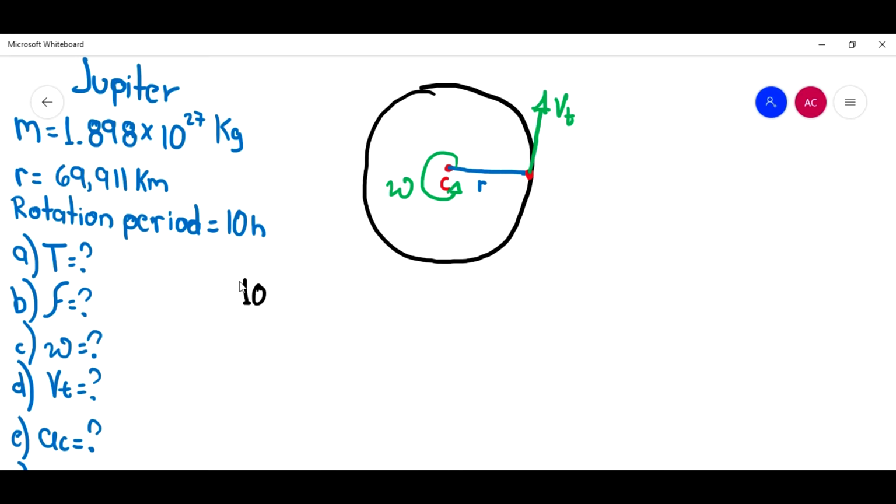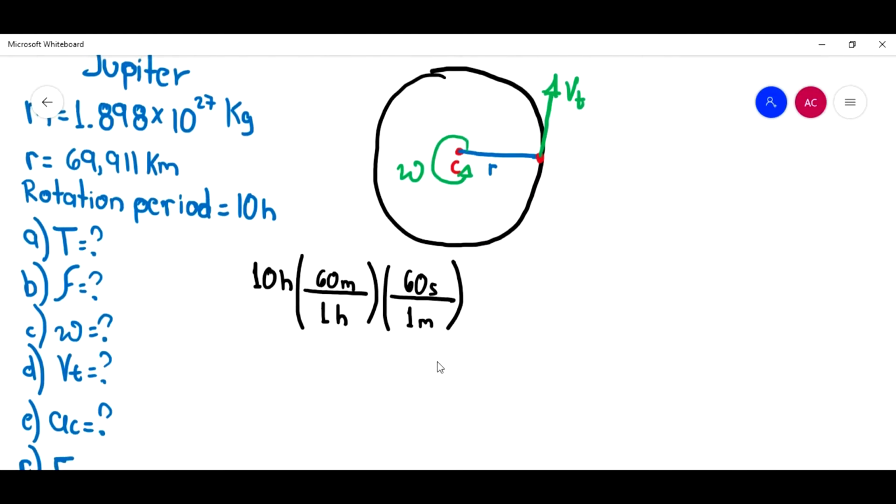So 10 hours, I'm going to transform into seconds. 1 hour is 60 minutes, and 1 minute is 60 seconds. This technique that I'm using is the conversion factor. Hours are going to cancel with hours and minutes with minutes, so the answer is gonna be seconds.